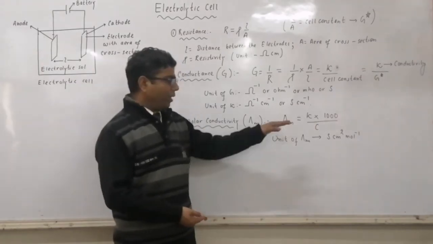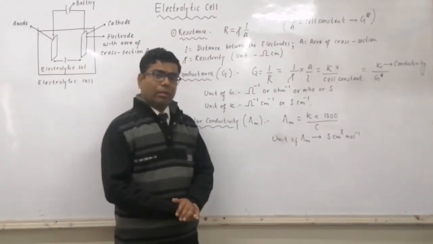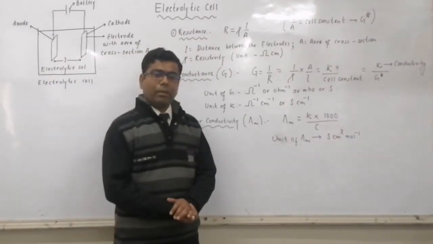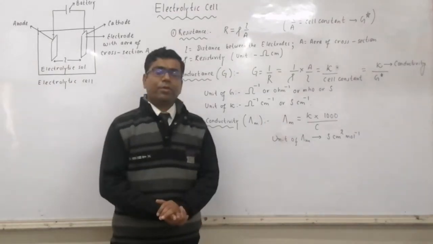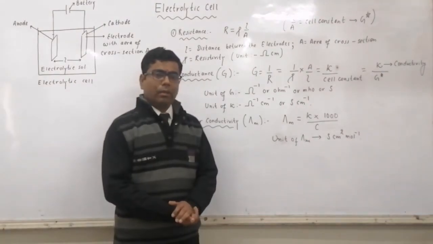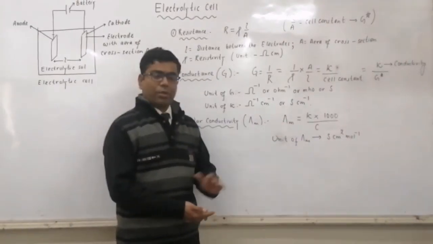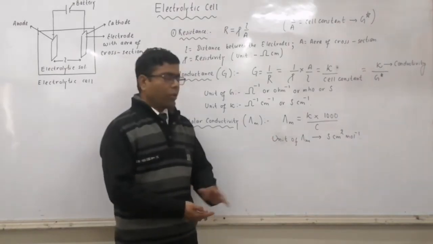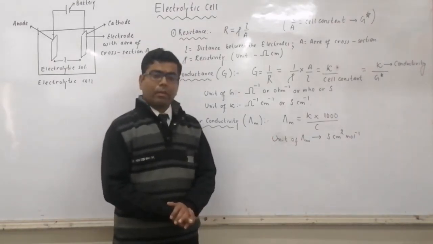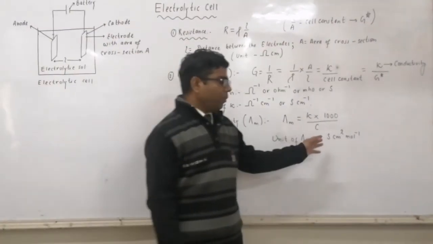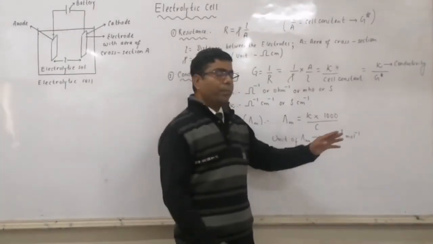If the concentration is decreased, then the value of molar conductivity will increase. So there is an inverse relationship between concentration or molarity and molar conductivity. Now about the unit. The unit of molar conductivity is Siemens centimeter square per mole.